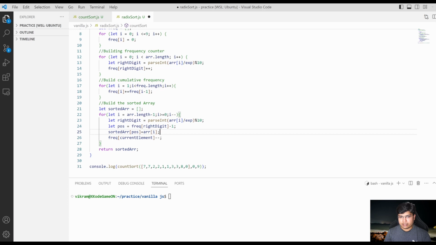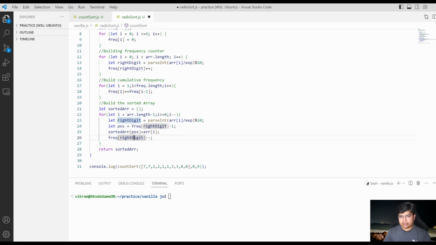Okay, and since my key was the rightmost digit, I should reduce 1 from the frequency counter, and now if a similar same digit is seen in the ARR I, then its position would be reduced by 1.